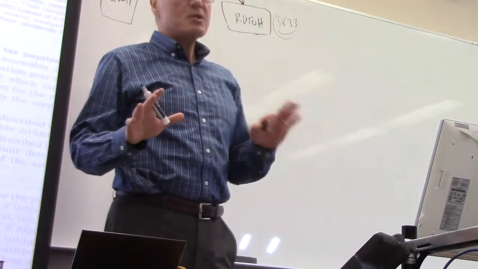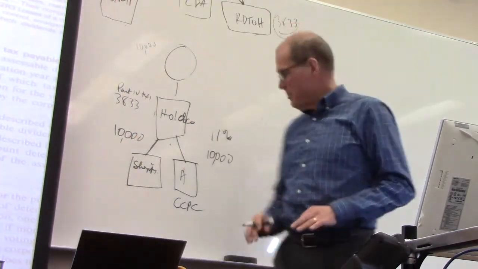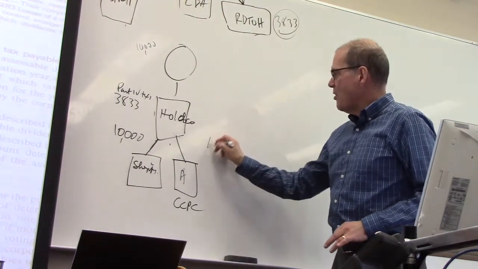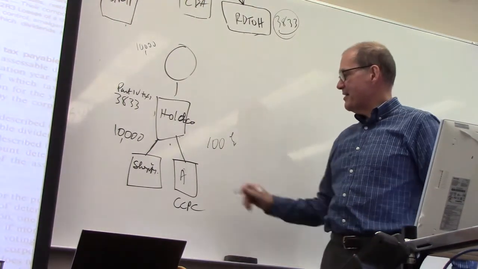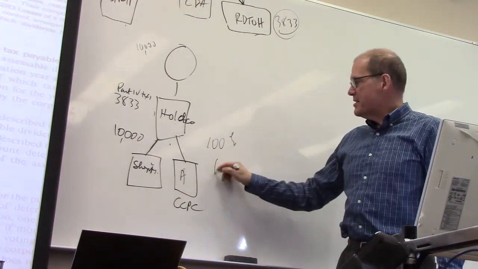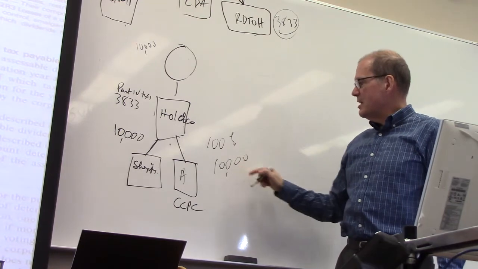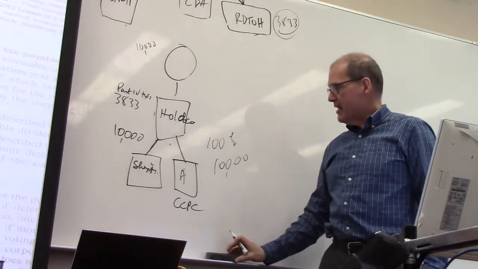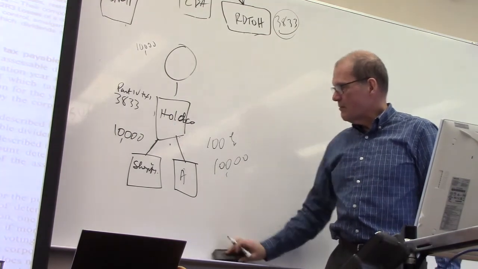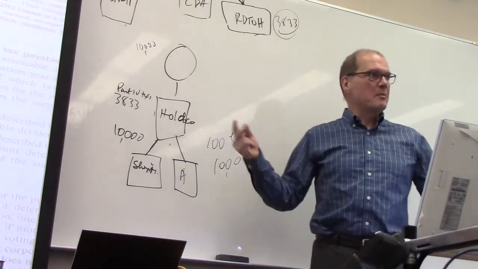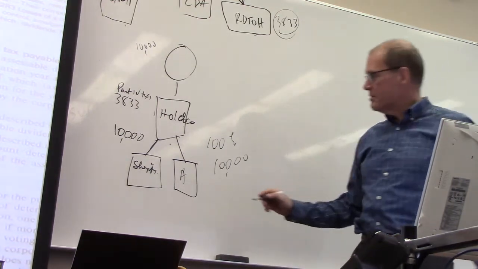Let me digress just for a second and give you a simpler example. Let's say that holdco owns 100% of A. And this company pays a $10,000 dividend from A to holdco. Let's say A gets a dividend refund of, let's make up a number, $1,583.